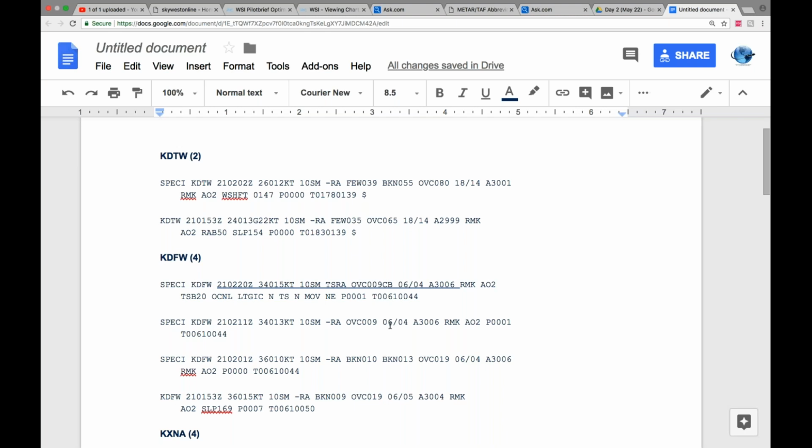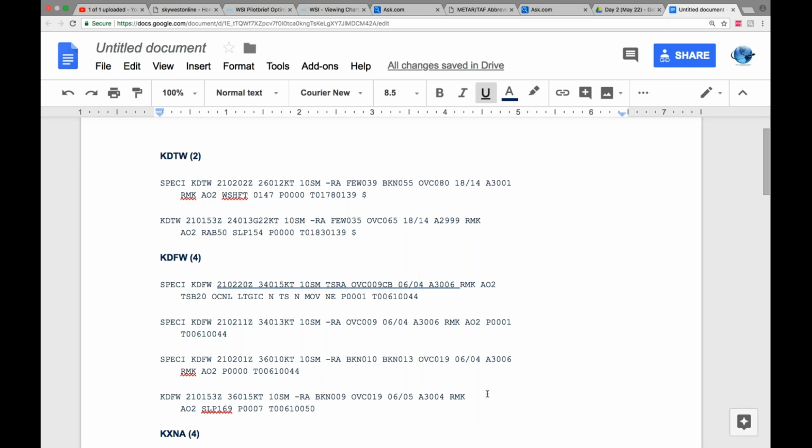You just put a decimal point right in the middle there. 0.01 inches of rain have fallen in the last hour, or last 6 hours, sorry. Temperature is 6.1 degrees, or you can see there, 6 degrees. And then the dew point is 4.4 degrees, or as you can see there, 4 degrees.